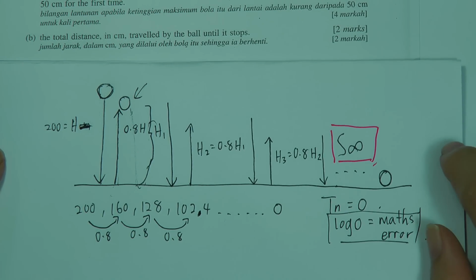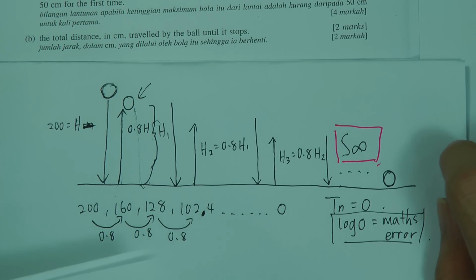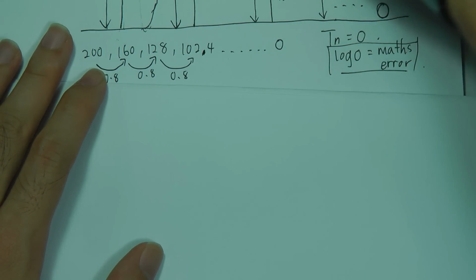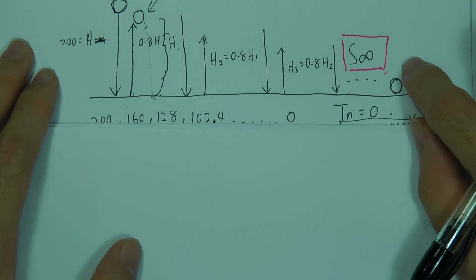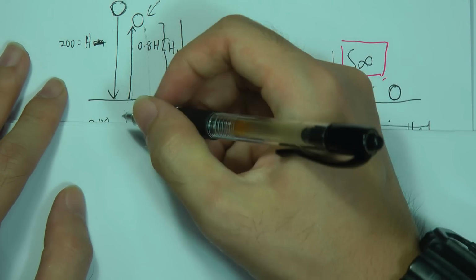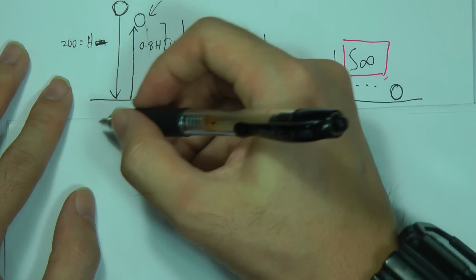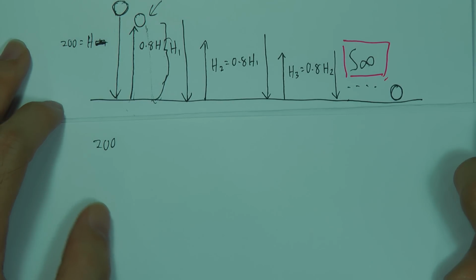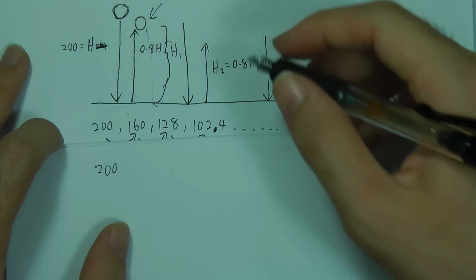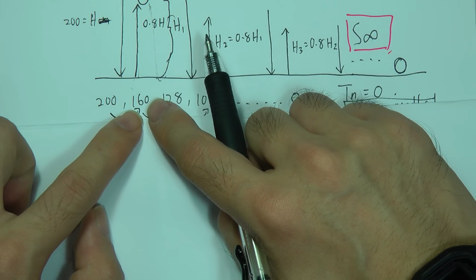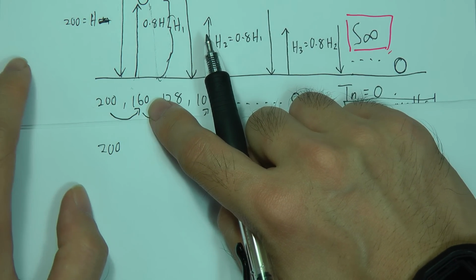So in order to solve this question, you must have a very clear mindset. Let me calculate the total distance traveled from this diagram. First he dropped down only, he never bounced up, so it's 200 cm. And from 160 onwards, the distance will double.